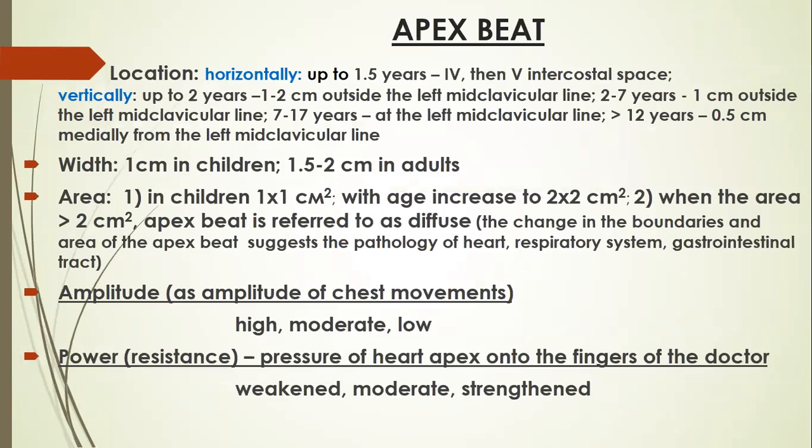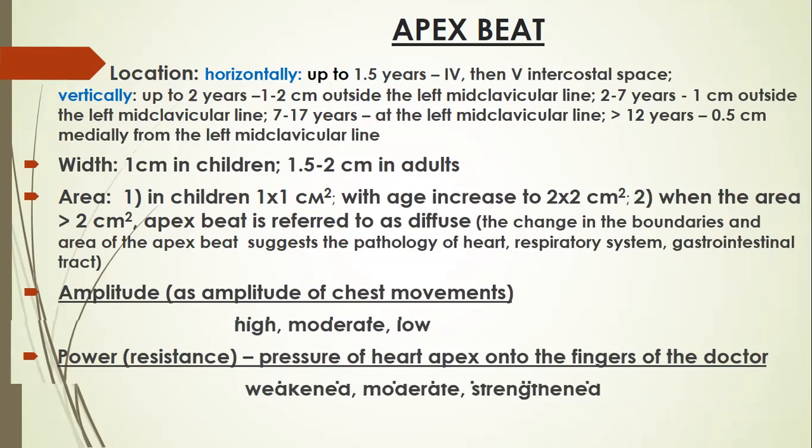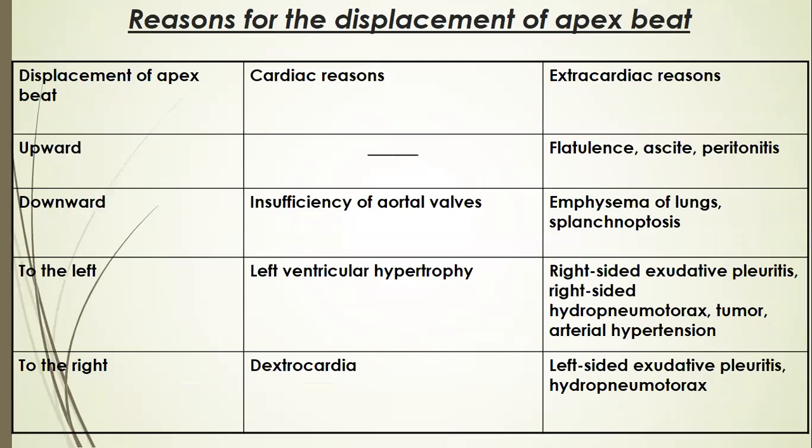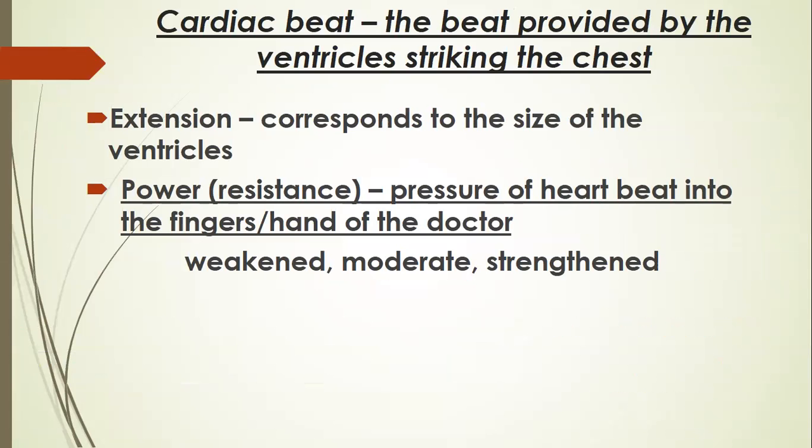The features of the apex beat are as follows: location, which depends on the age of the child, width, area, amplitude, power. The reasons for displacement of the apex beat, upward, downward, to the left and to the right, can be cardiac and extracardiac.